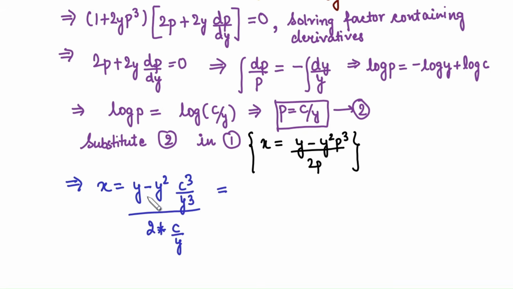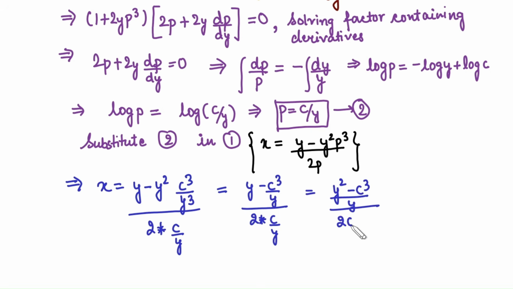That can be further written as y minus c cube by y divided by 2 into c by y. Take the LCM, that can be expressed as y square minus c cube by y, whole divided by 2c by y. So this y gets cancelled with y.